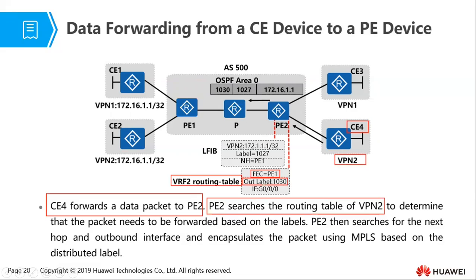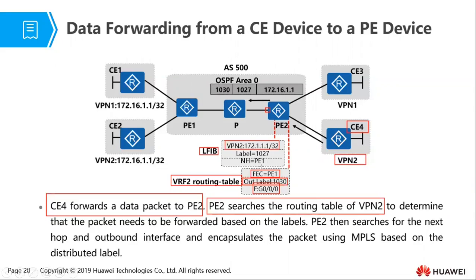So it's going to encapsulate it using an MPLS header and put the value 1030. It's also going to see the outbound interface, so I'm supposed to forward it out through this interface, G0/0/0. Now, before doing that, it's also going to check the label forwarding information base. And it's also going to add another MPLS header now.